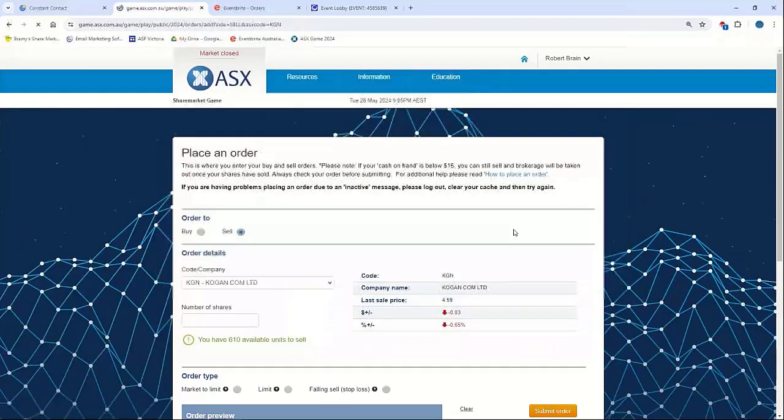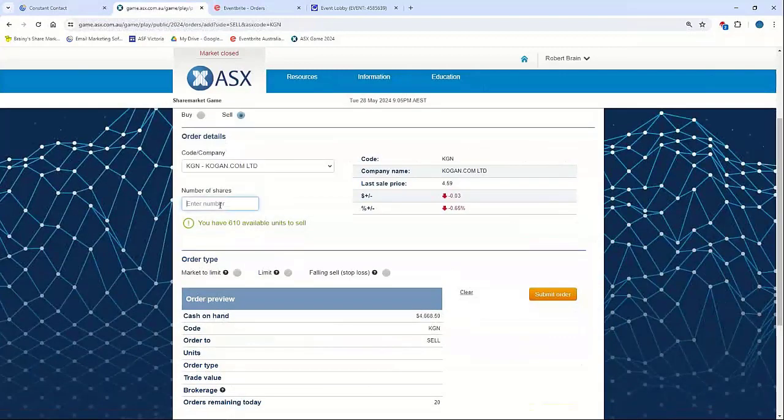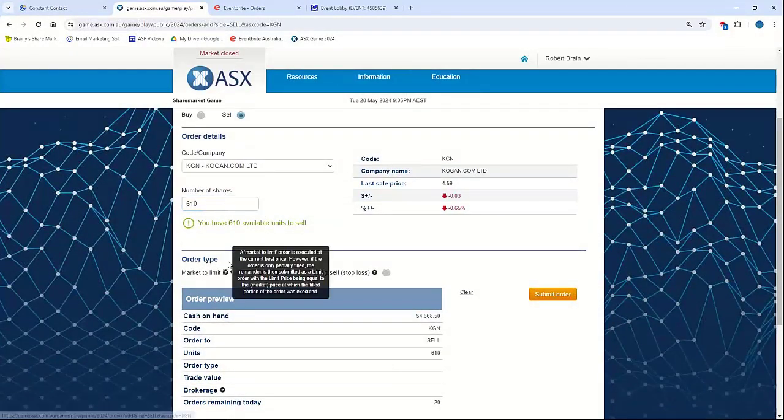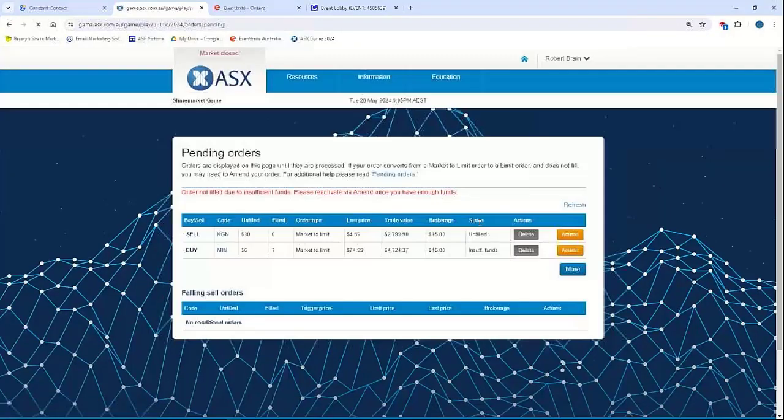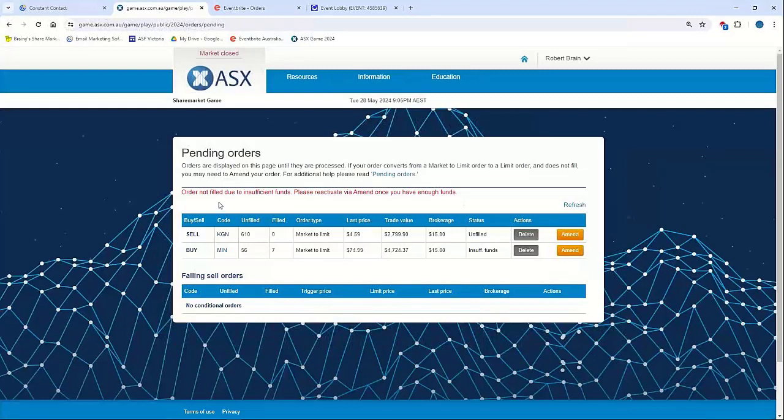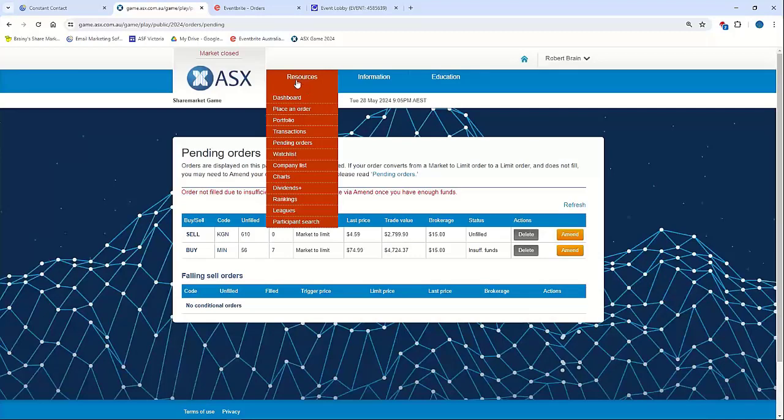Let's sell that tomorrow. 610, at market, submit order. That'll be gone tomorrow. Order not filled due to insufficient funds. Did I say sell? I did. Oh, we can't buy min. We'll buy that tomorrow. I think I submitted that last week after the Melbourne meeting.